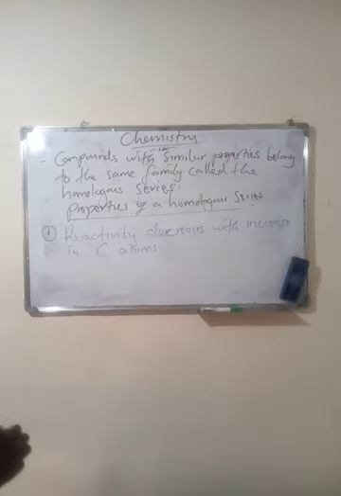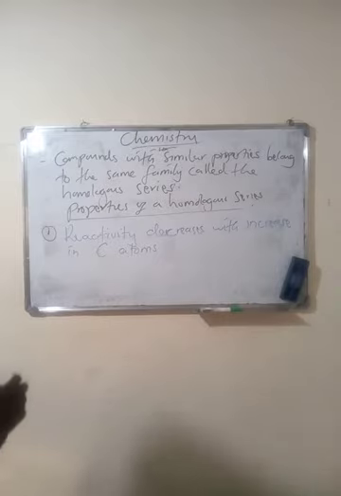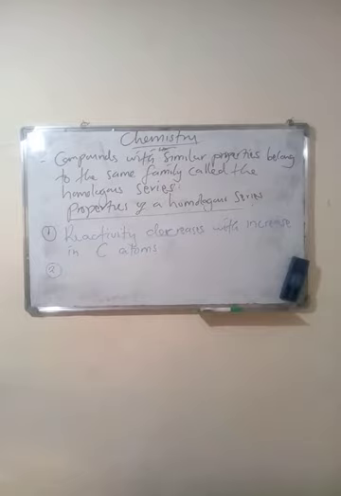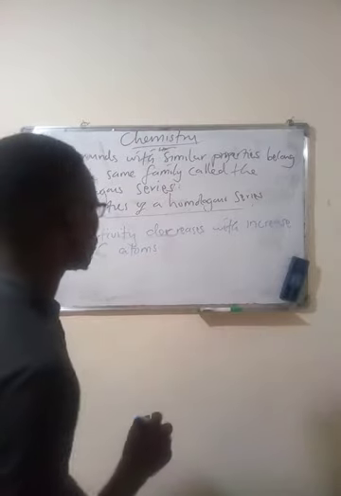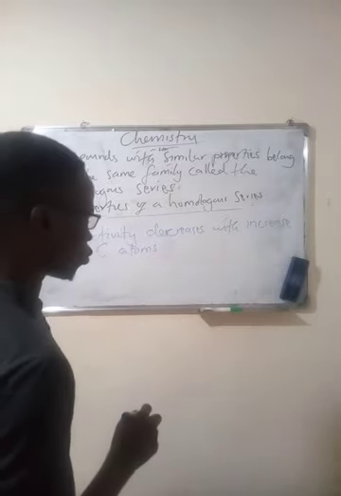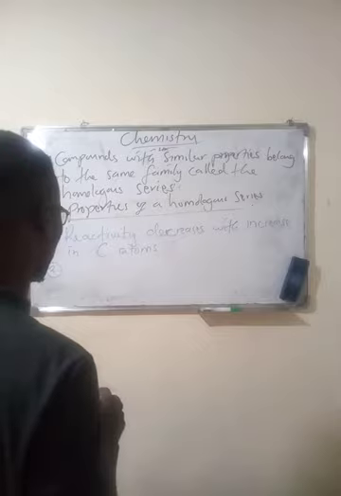Okay, reactivity decreases with increase in carbon atoms. Then number two, what is the other property of compounds that belong to the same homologous series? Okay, I almost said homologous chromosome because of biology.